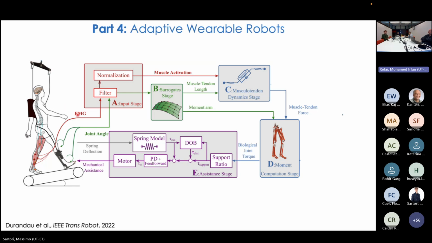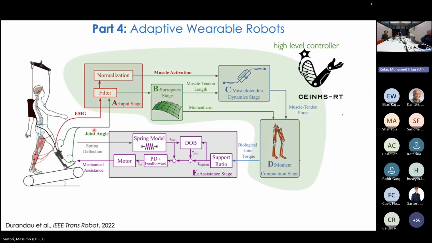You will see that here we have the same two inputs that I showed in the previous slide. We have EMG signals and joint angles, which are the sensors that we typically measure from the subject. So if you have a subject walking, we measure EMGs and joint angles. These go into the CEINMS framework, which is essentially the same framework that I showed you before, where we have the spline methods that take joint angles and convert them into moment arms and muscle tendon length. Then we have muscle activations that go into a muscle model, which predicts muscle tendon force.